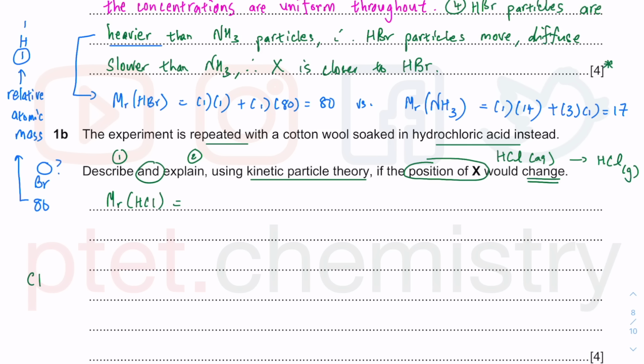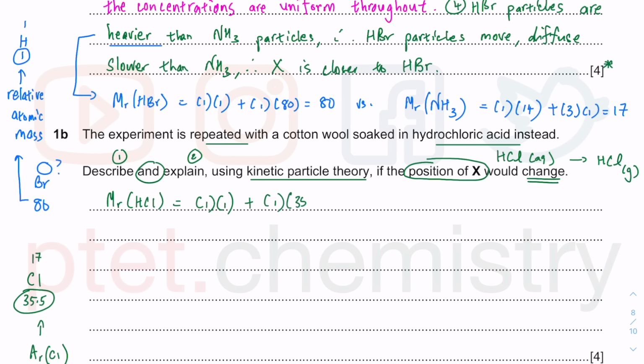In your periodic table, you got 17 and then 35.5. This 35.5 is the relative atomic mass for 1 chlorine atom. There's 1 chlorine atom and there's 1 hydrogen atom. So 1 hydrogen atom, each one has a mass of 1 in the periodic table, as shown there, relative atomic mass. From your periodic table, you got 35.5 for 1 chlorine, and you have 1 chlorine atom there.